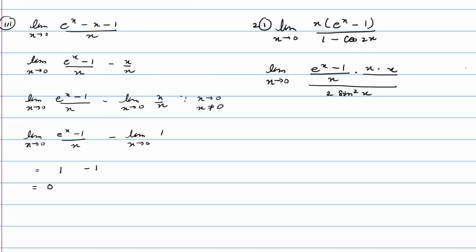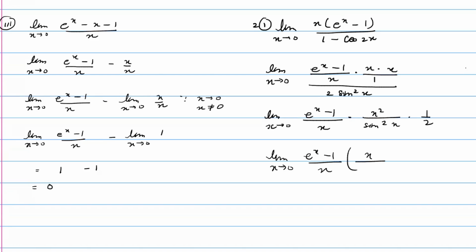So I'm writing this as limit x tends to 0, (e raised to x minus 1) upon x, and there is an x square, and here you have sine square x. Let us write it in a little neat manner. So this is x upon sine x the whole square, and this is a half. Now taking the limit, you get this as 1.